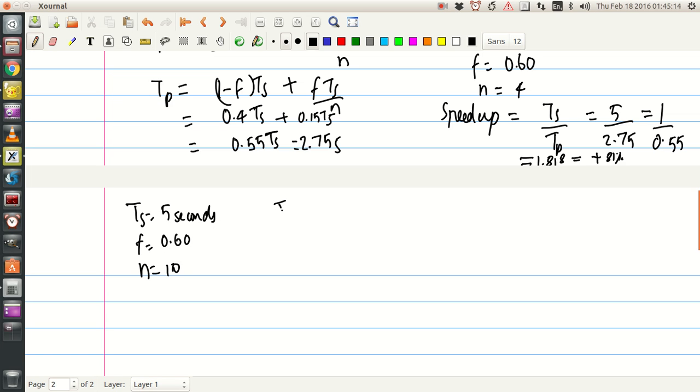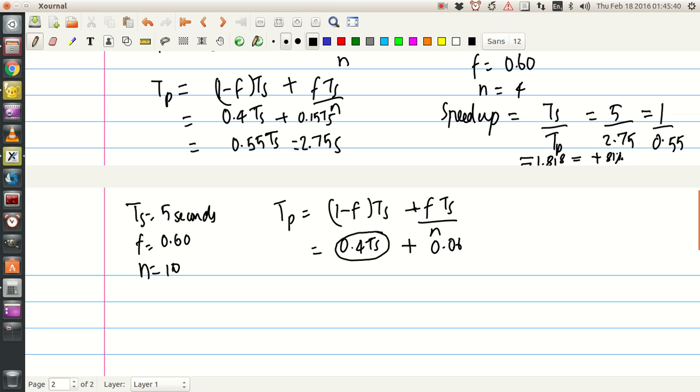Now tp is (1 minus f) times ts plus f times ts divided by n. 1 minus f is 0.4 times ts, the same as before, and f by n is 0.06, because 0.6 divided by 10 is 0.06, times ts. So you get 0.46 ts.